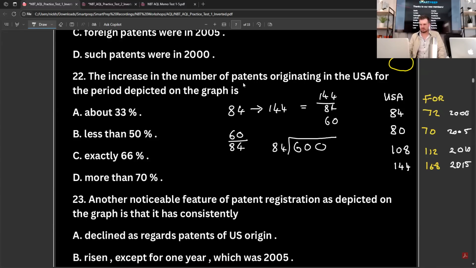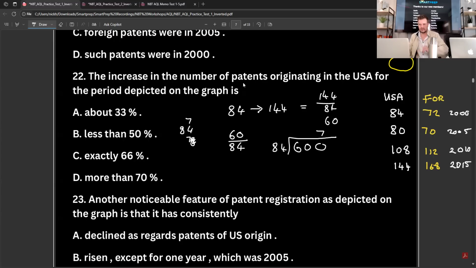And it's going to be around about 7. So if we do 7 times 84, we get 4 times 7 is 8. And then, I actually did the other way around.